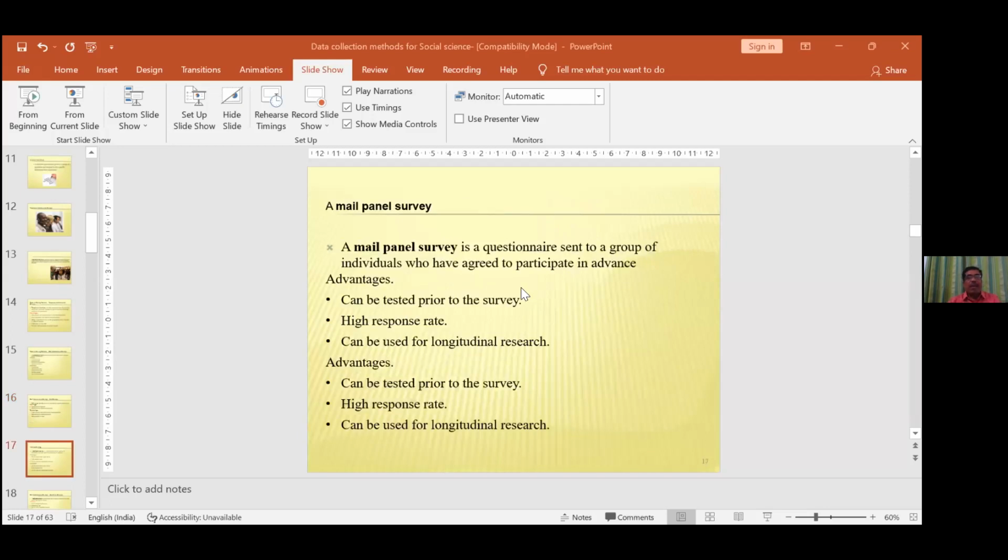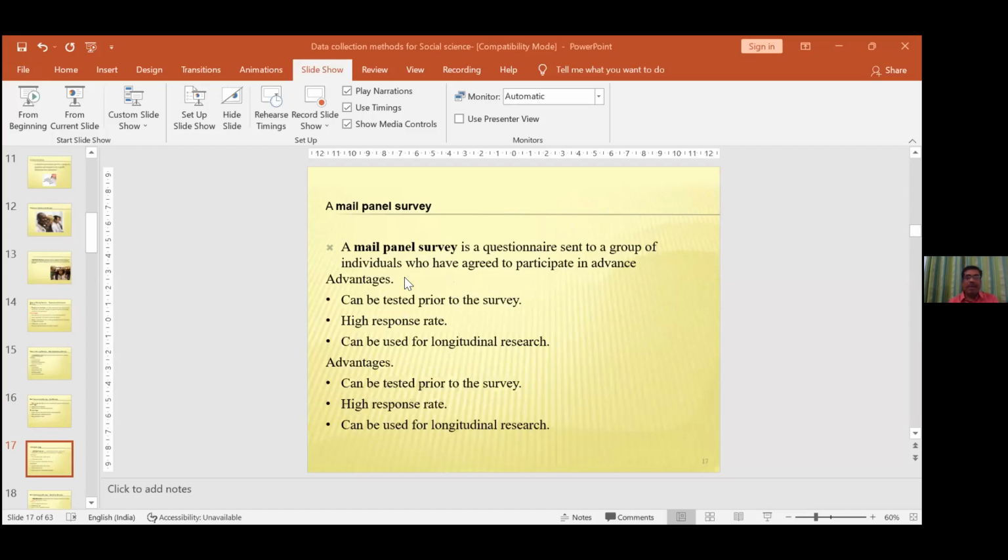Similarly, let's take mail panel survey. This is another important method of data collection, particularly primary data. What is a mail panel survey? A mail panel survey is a questionnaire sent to a group of individuals who have agreed to participate in advance.